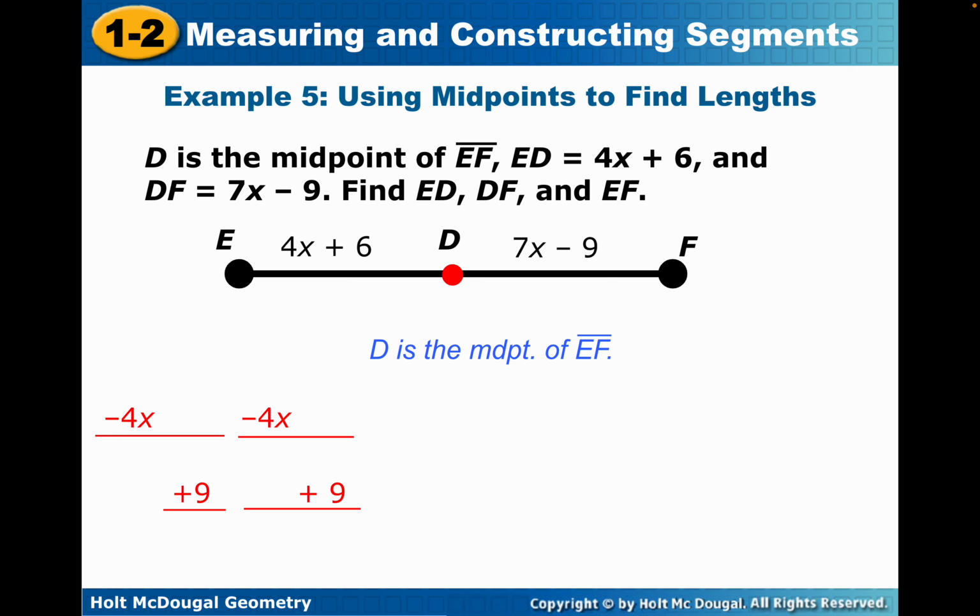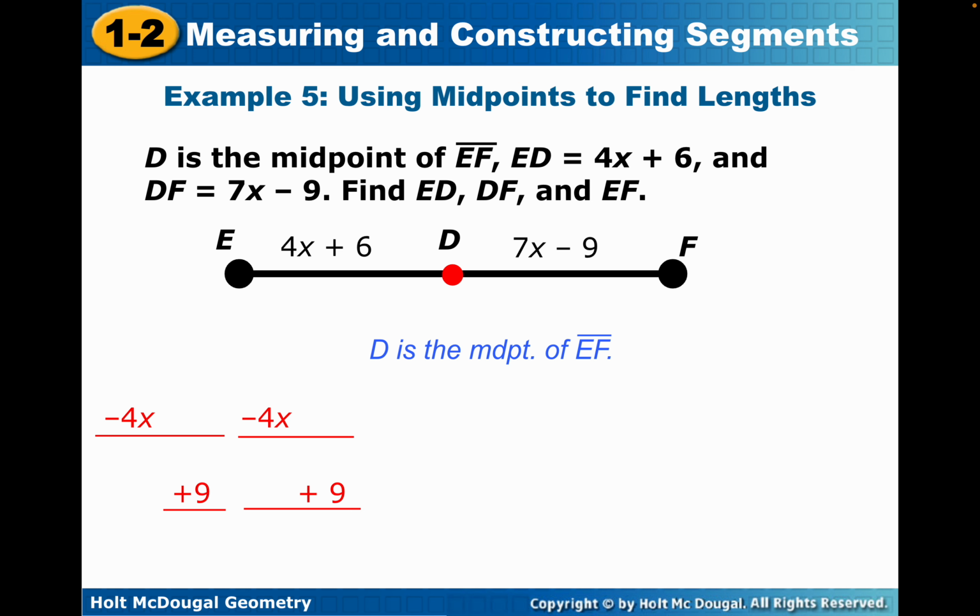It says D is the midpoint of EF, ED equals 4x plus 6, and DF equals 7x minus 9. We have to find ED, DF, and EF. This time it doesn't give us the value of EF, so we have to figure out what we know in order to solve.